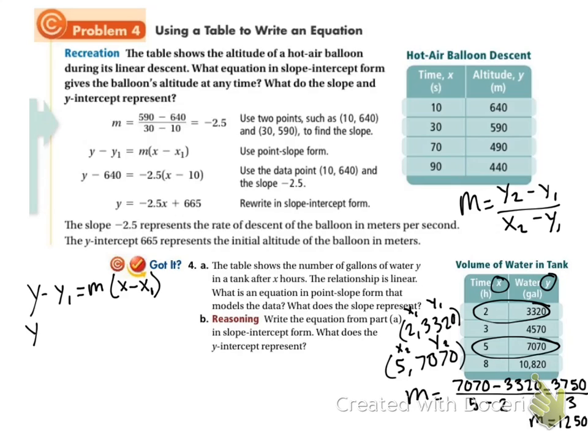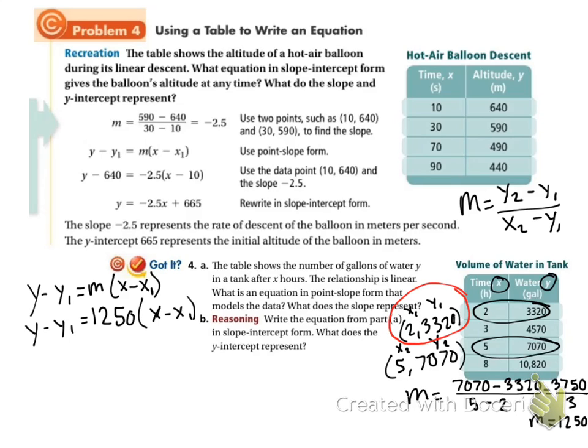If I plug that in, y minus y1 equals, I plug it in for m, right? 1,250 times x minus x1. And then I need to choose a point to plug in. Doesn't matter, you could use any point from your table. I shall use this first point since it's already labeled as x1, y1.